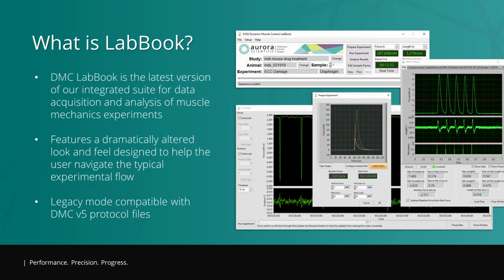For any people who are running the previous version, DMC, Dynamic Muscle Control version 5 in their lab, you can import all your legacy protocols and files, and they will be compatible with the new DMC LabBook. But we believe that once people give it a try, they're going to really like this new interface.